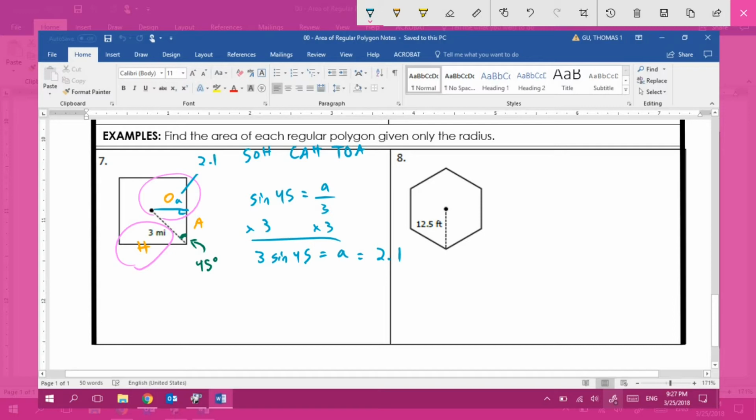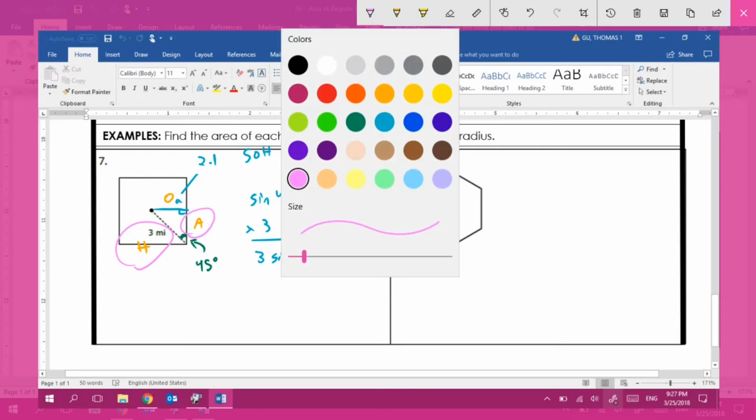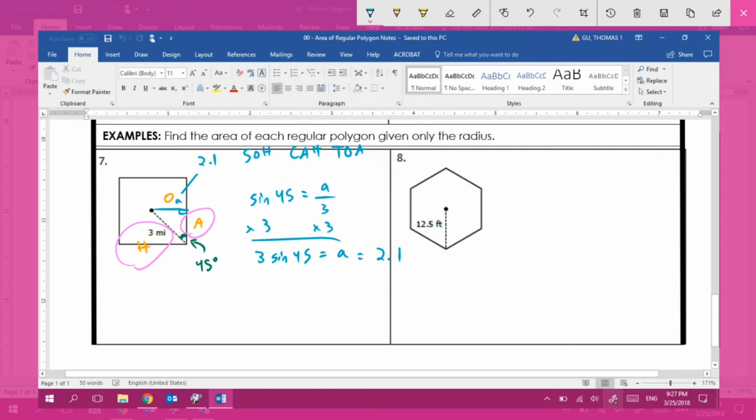Okay. Next, I need to find my adjacent side. So if I wanted to find that, let's erase these circles. This time we're going to use my adjacent side and my hypotenuse to find that length right there. So this time, it's going to be cosine. Cosine of 45 equals my adjacent side, I'm just going to label it with the big A, over h, which is 3.